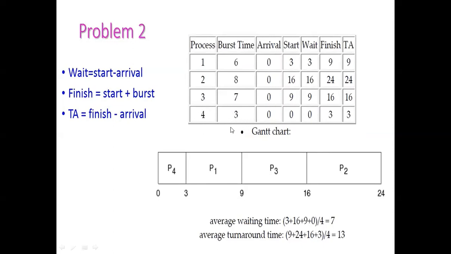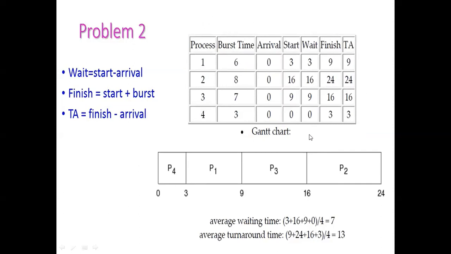Process 4 has the smallest CPU burst time, which will be executed first. The next process is P1, which has 6 milliseconds CPU burst time, and then process P3 and then process P2.